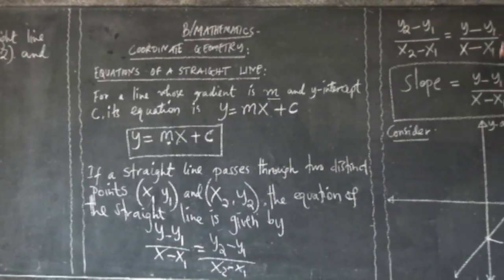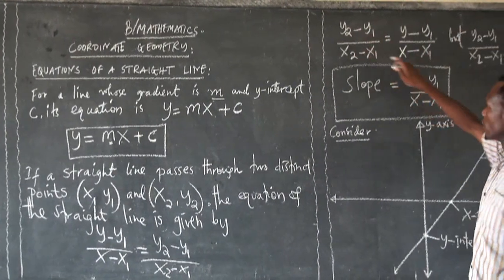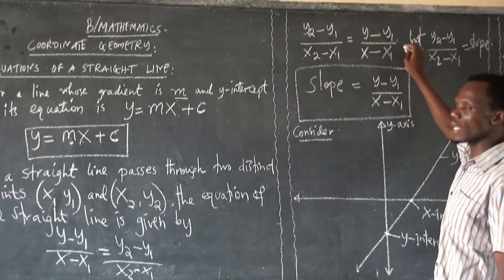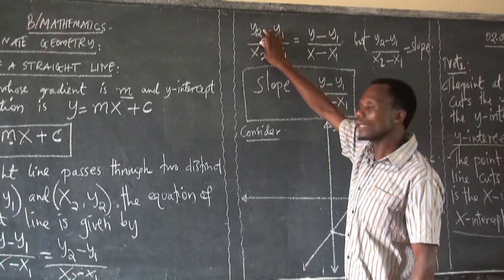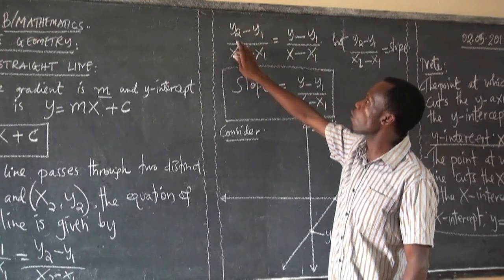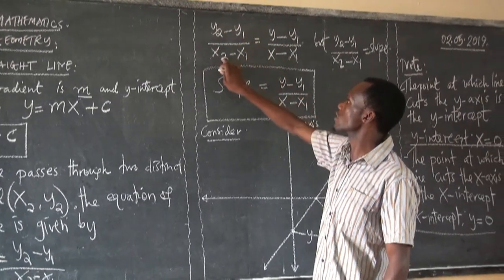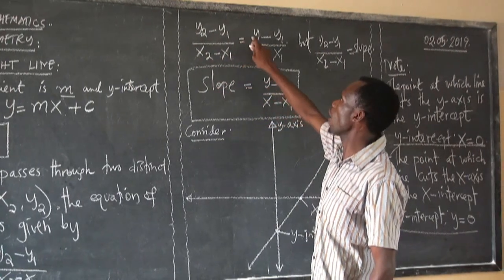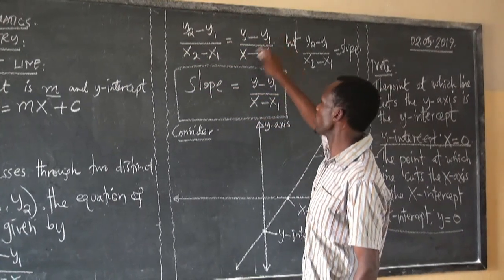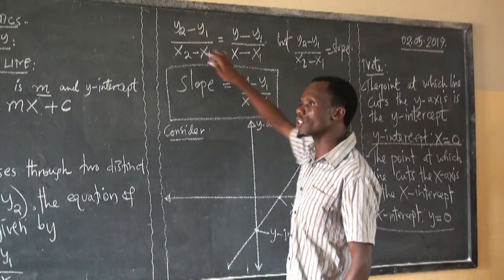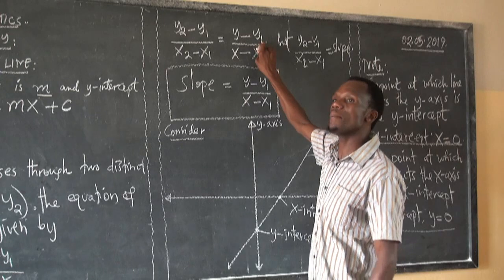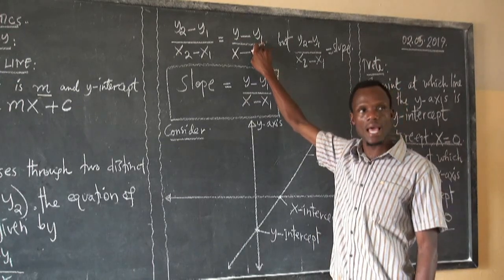Remember, this is the formula that can be used to determine the equation of a straight line, and it is written as change in y over change in x. That is y2 minus y1 over x2 minus x1 is equal to y minus y1 over x minus x1. Using this equation, you can determine the equation of a straight line.